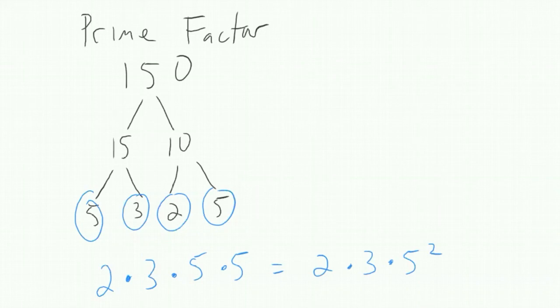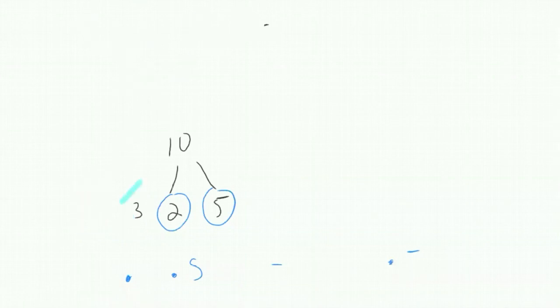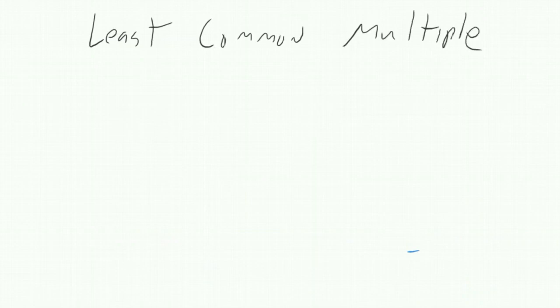Now, why this is important is, say I want to find the least common multiple, right? The least common multiple of a set of numbers is the smallest number that the group of numbers go into.